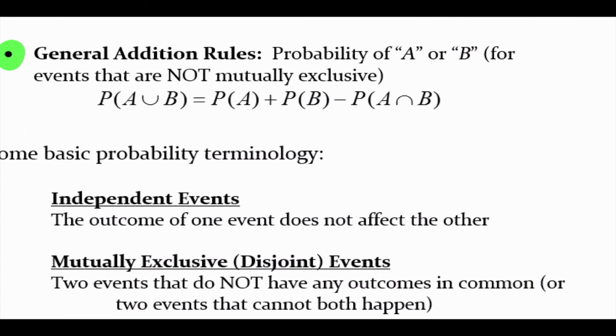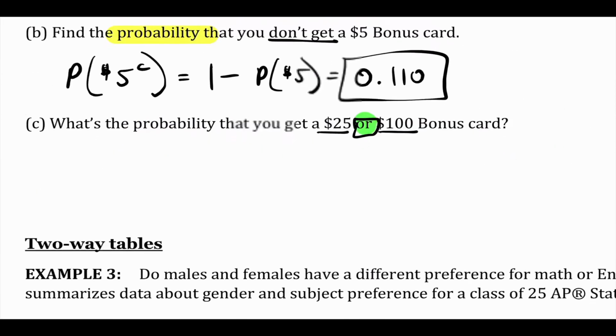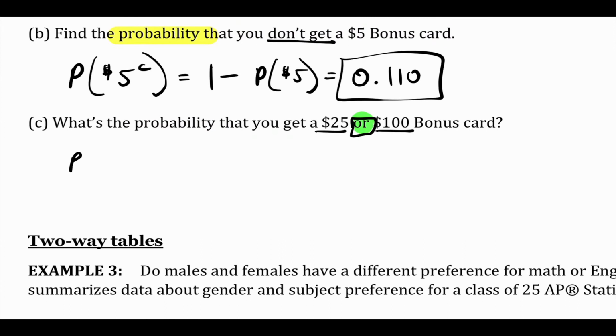In other words, we're saying the probability of one event or another event. Either one's okay. So we're talking about the probability of $25 or $100.